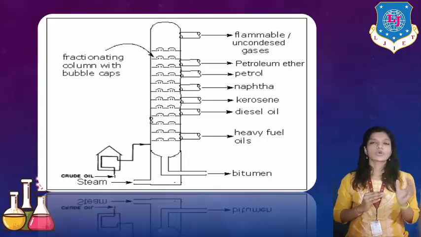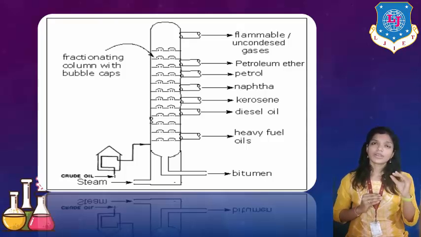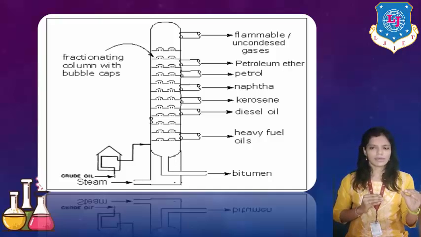From the left side the crude oil and the steam are inserted. Firstly you can see the source of crude oil, then the source of steam. Both get inserted inside the column. The fractionating column with bubble caps is there.